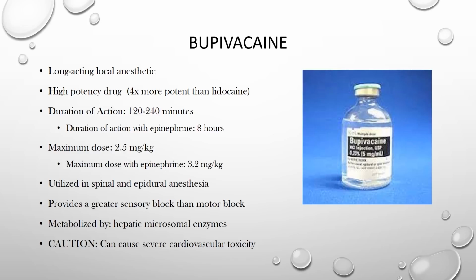Caution: when utilizing this drug, one needs to be aware of the potential cardiovascular side effects that can occur at higher doses or, in the case of an accidental IV injection, which could leave your patient with severe hypotension or a ventricular arrhythmia that might not be easy to correct due to bupivacaine's long duration of action.